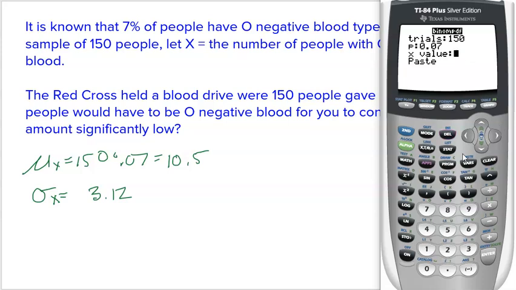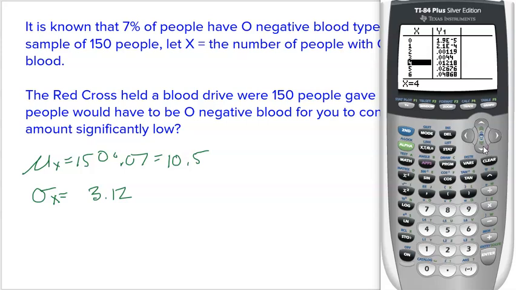This is actually going to create a function because x is a variable. I don't know how many people there are going to be. Then once I bring this there, I can hit second graph to see a table. Now I can see it a little bit easier.